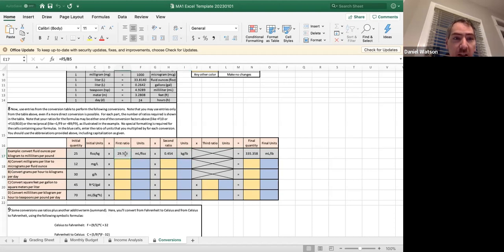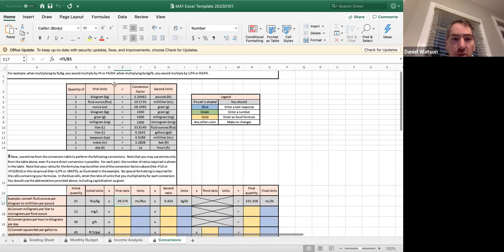You can see this in the first ratio, where we're using this conversion chart. On row 5, we can find that 1 fluid ounce equals 29.5735 milliliters. So that's the ratio that we're going to use.